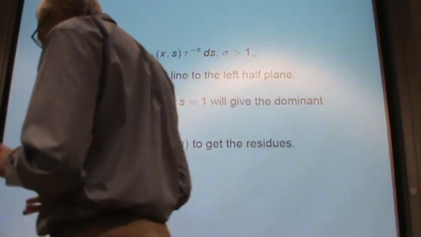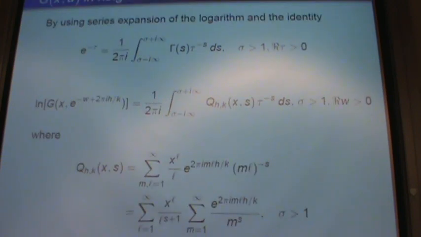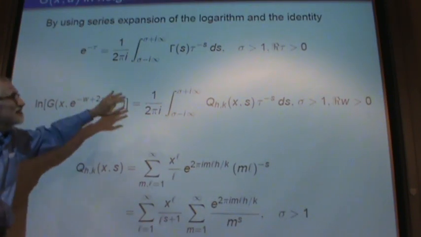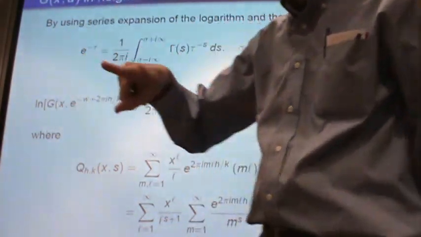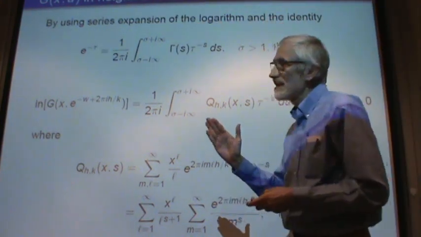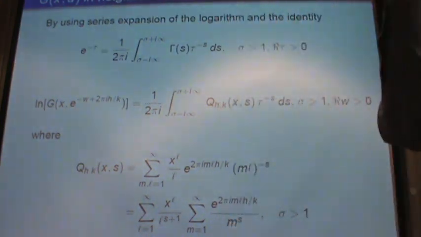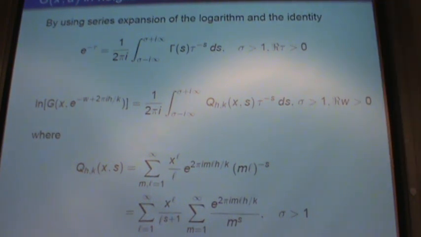Okay. Now, to get the dominant term, I should say this formula for the exponential that I use is good for a vertical line which is to the right of 1, real part 1. And the standard thing to do is to shift this vertical line from real part 1 to past 0.